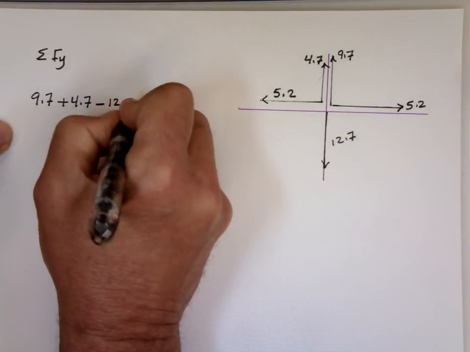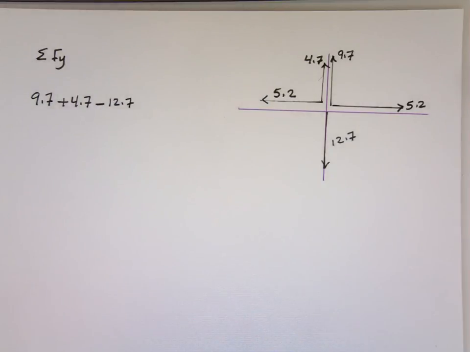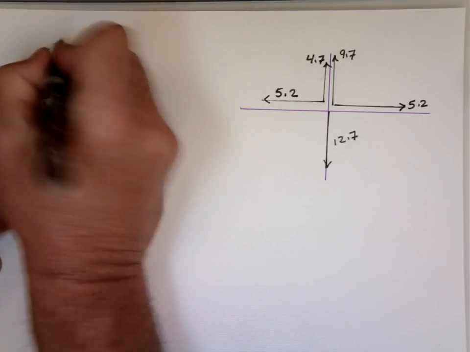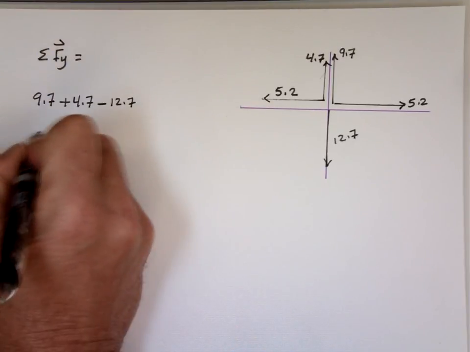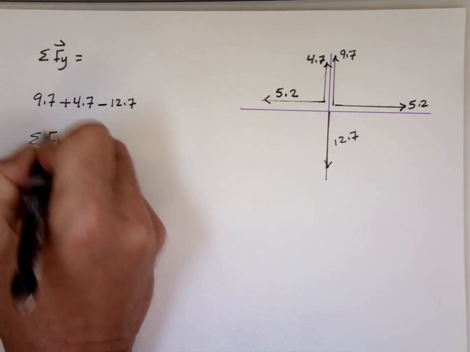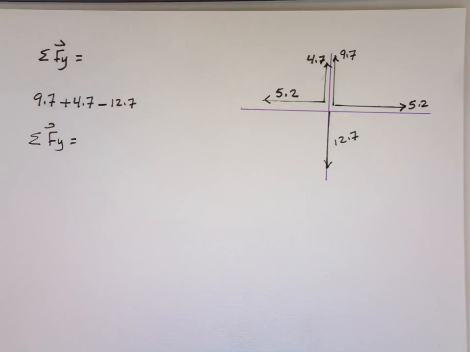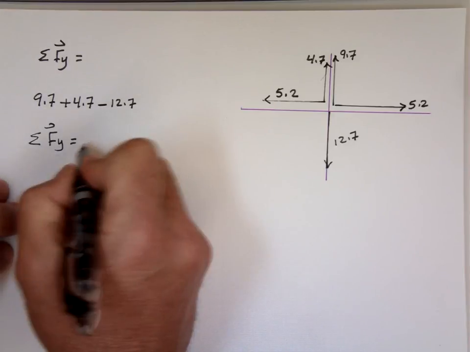Up is positive, down is negative. So the net force in the y direction equals 9.7 plus 4.7 minus 12.7. That's a result of 1.7.